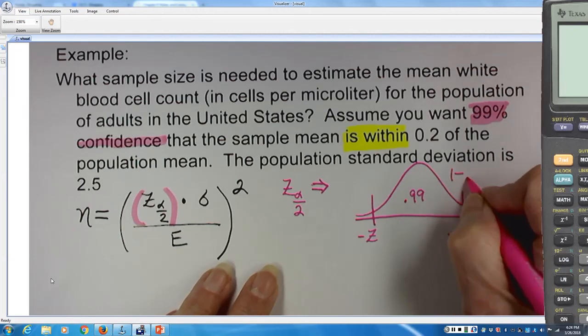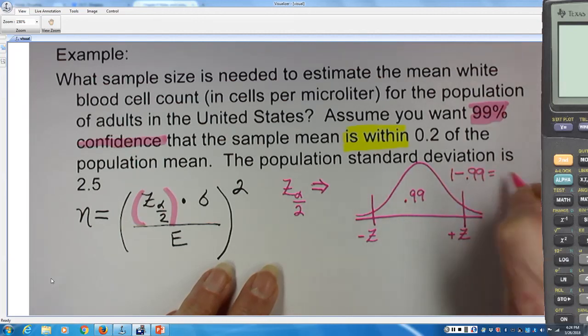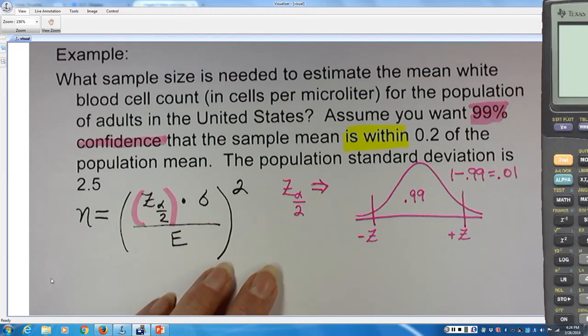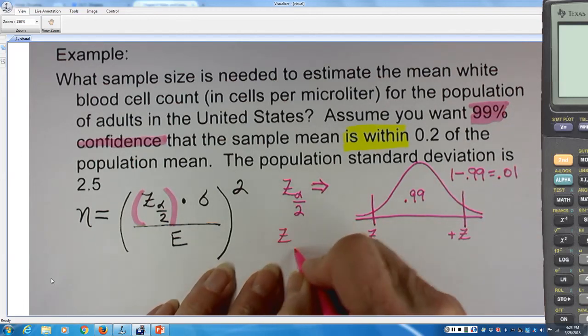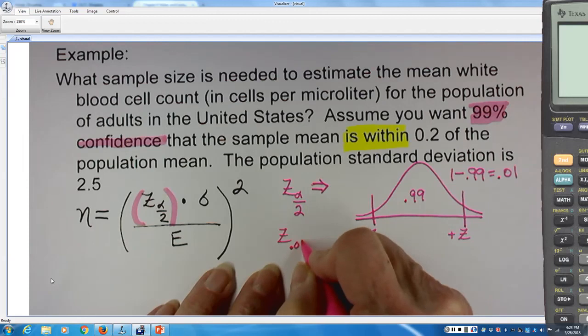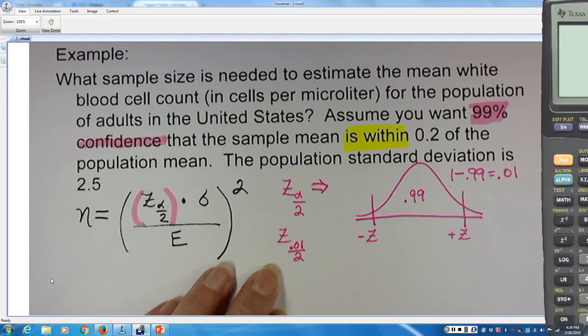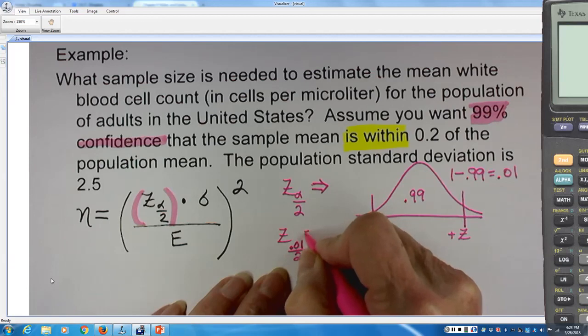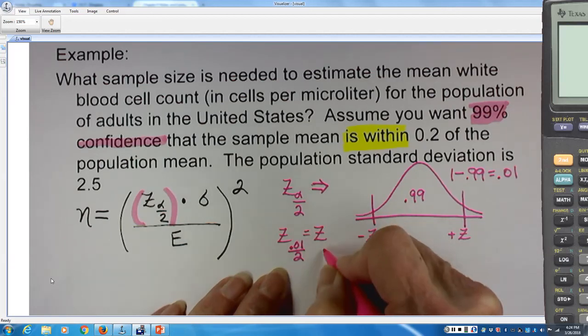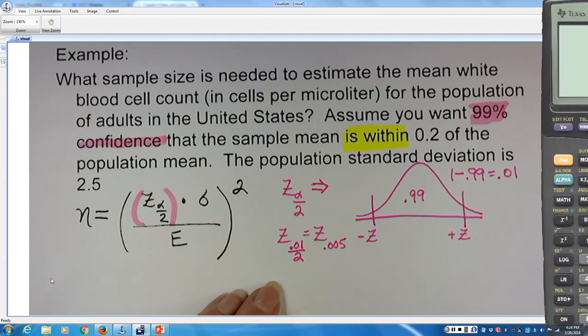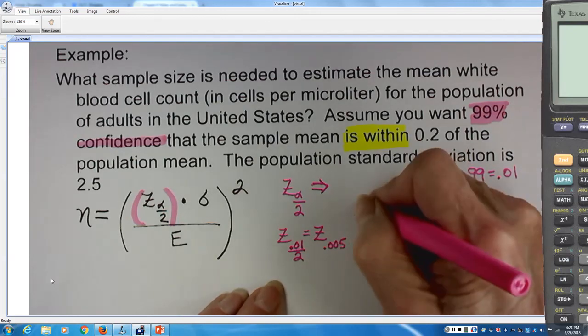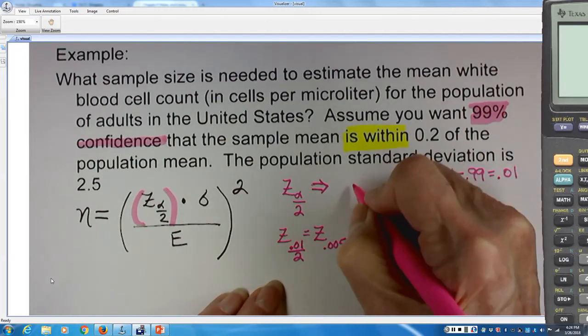1 minus 0.99 is 0.01. So this is the z-scores for 0.01 over 2, or 0.005. That means there's 0.005 right there.